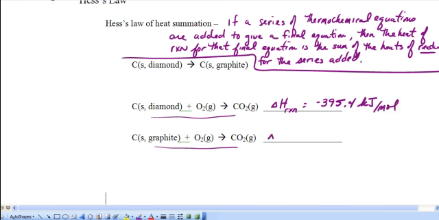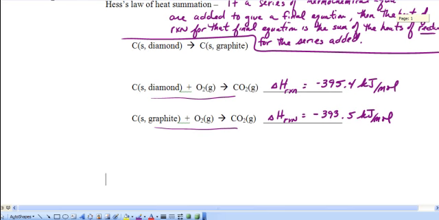The delta H of reaction, you could call that delta H of combustion as well, for the burning of graphite is going to be a negative 393.5 kilojoules per mole.